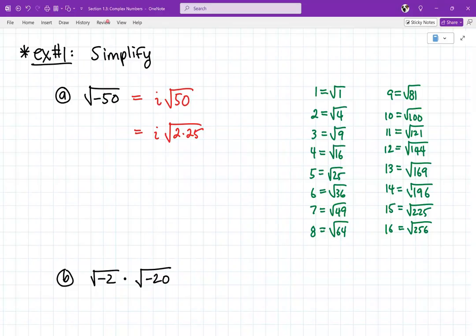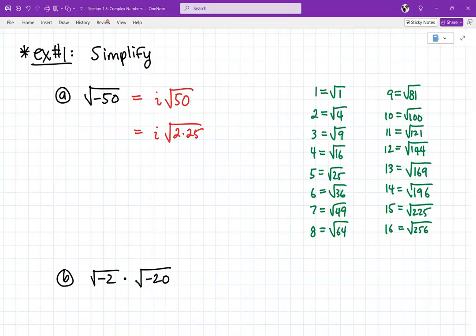Does 2 have a square root? The square root of 2? Do you see a square root of 2 here somewhere? No, right? I see a square root of 1 and I see a square root of 4, but there's no square root of 2. What about 25? Is there a square root to 25? Yeah, 5.